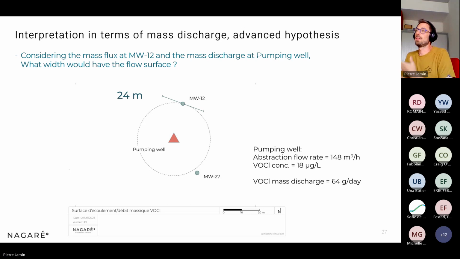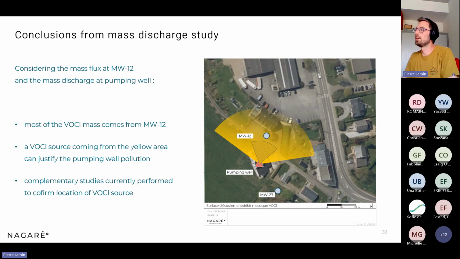So then you can transform that 24 meters, project, let's say, this width on the circle around the well, and you can find a kind of angle from which the chlorinated solvent can come from.